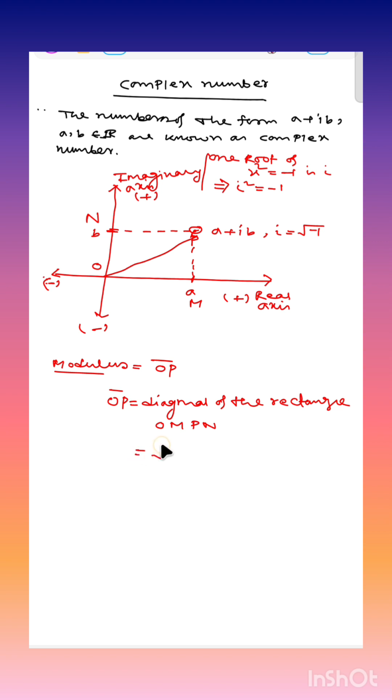That means root over of a square plus b square. That means a is the real part of z, that means Re z square, and b means imaginary part of z, that square. Sum of square of real and imaginary part and its square root is denoted by modulus, that means OP. It is also denoted by mod z.